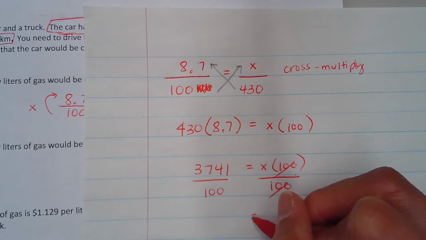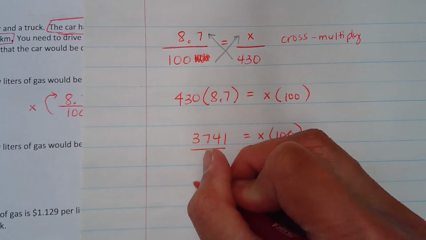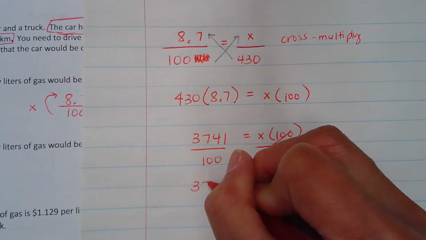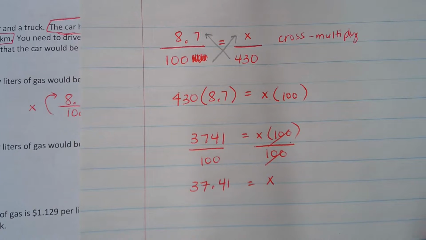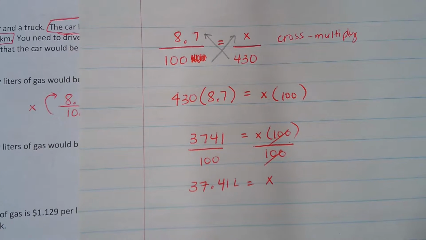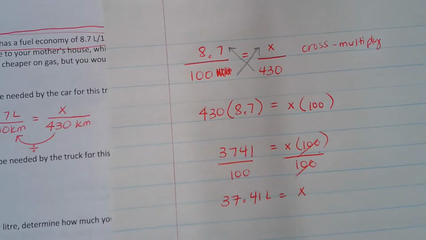So dividing it by 100, we're left with the x, and on the other side it's 37.41. Okay, so you have two ways of doing this, setting it up and then solving for x. Two different ways.